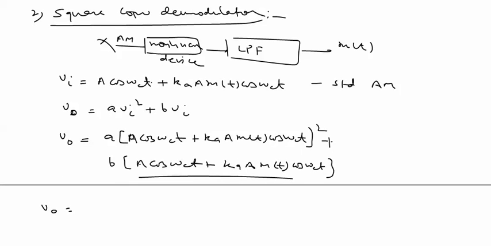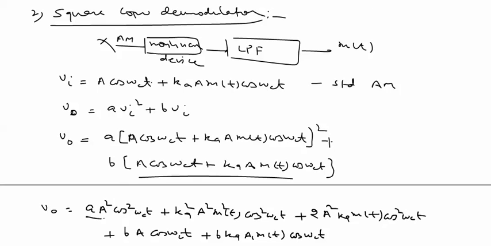With expansion, we get 5 terms. For the low pass filter, this term can't pass because the cos square term has 2 terms: 1 plus cos 2 theta upon 2 is cos square theta. This term has some DC component, and the DC component passes through the low pass filter, otherwise the rest does not. The DC component is A by 2.